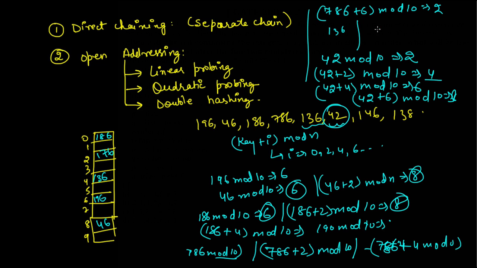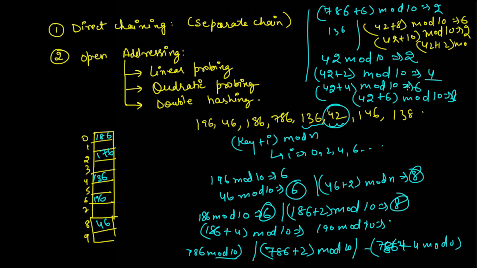So again we do 42 plus 8 mod 10, and we get the location 0, which is already filled. So we do 42 plus 10 mod 10, and we get the location 2, which is already filled. Then 42 plus 12 mod 10, and again we get a location which is already filled, and so on.